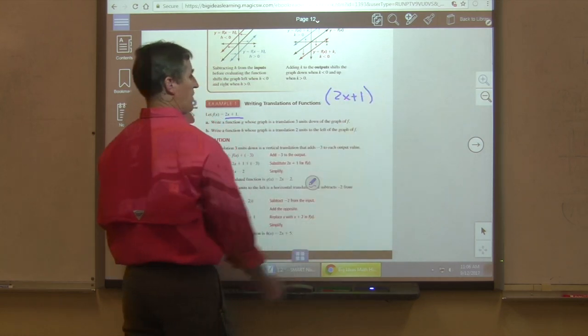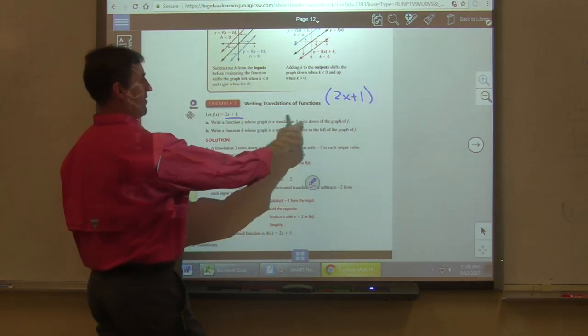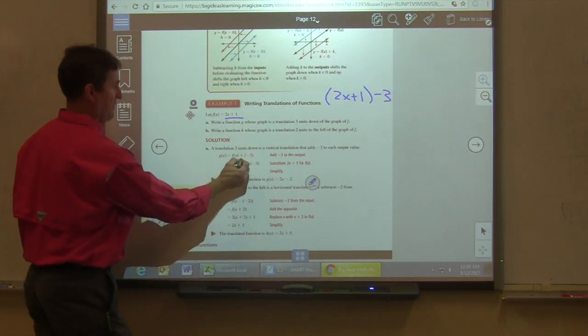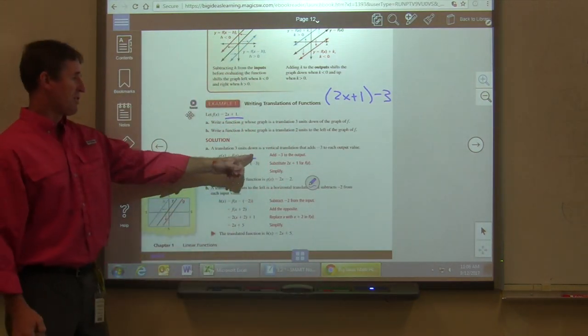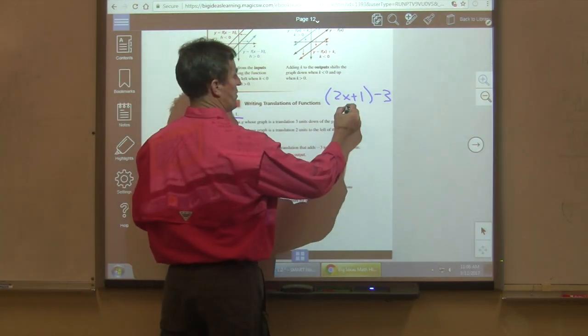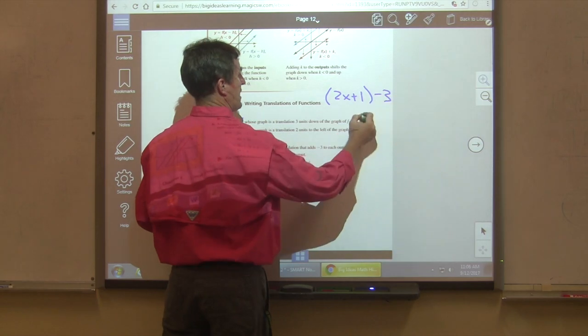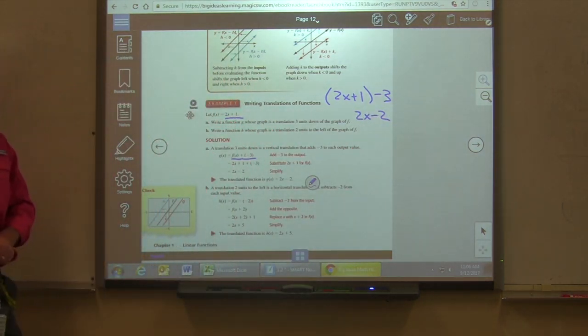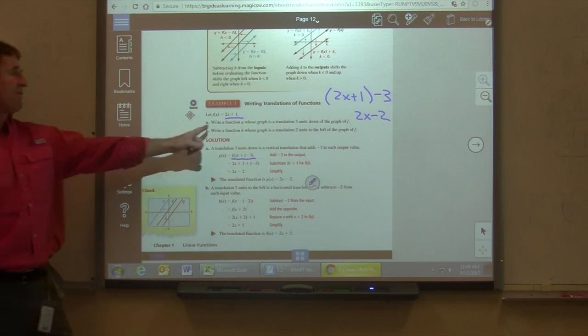It's going to affect the whole thing, so we put parentheses around it. And 3 units down would be a minus 3, which you can see they put the function. Another way to write it is the function minus 3, so they've written it that way. Then we should simplify. So this would become 2x plus 1 minus 3. So our final function would be 2x minus 2. And that's the function g.